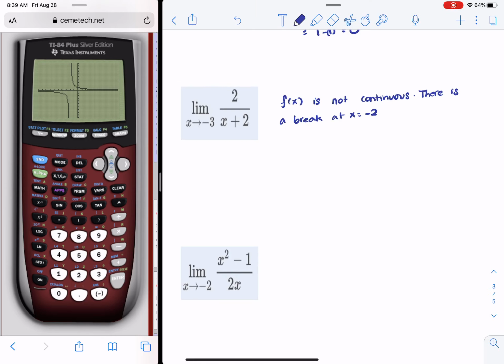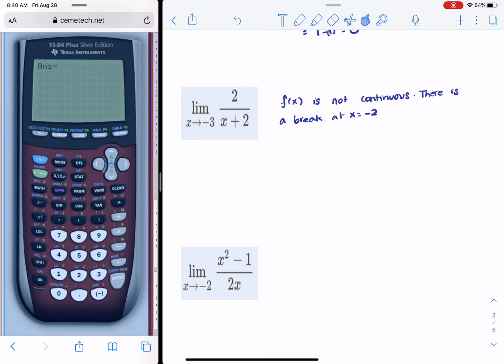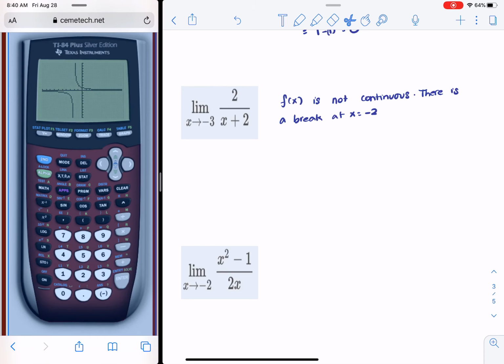I wonder if I could paste it over here. Okay, let's not deal with that.